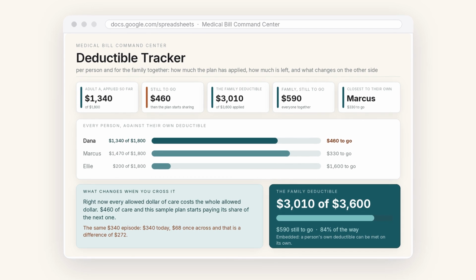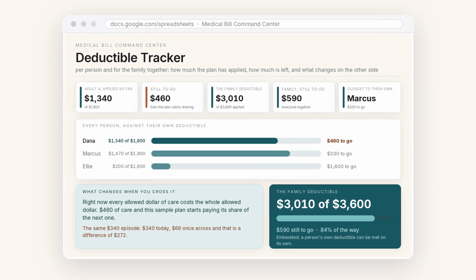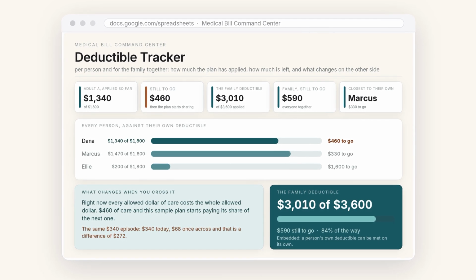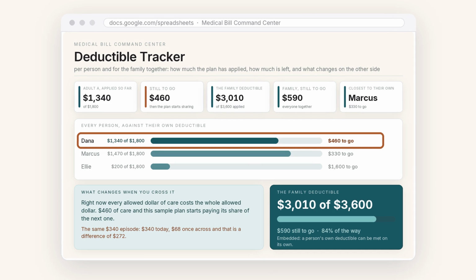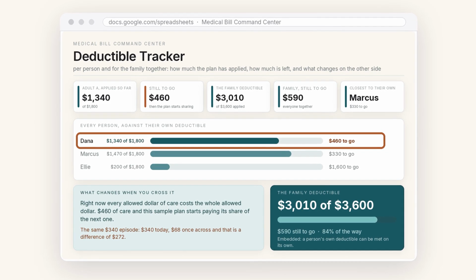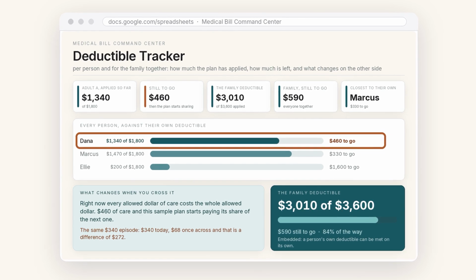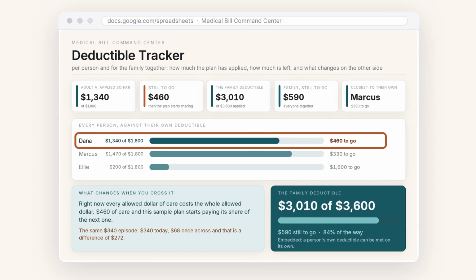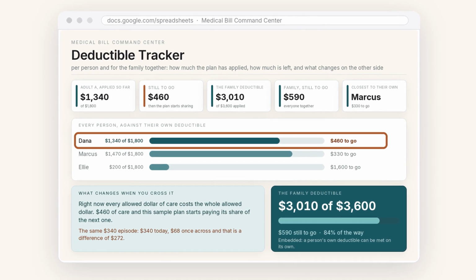Now the tab that changes what you do next. The deductible tracker sets every person against their own deductible and the family against the family one. One adult here has had $1,340 of $1,800 applied, so $460 to go. The family stands at $3,010 of $3,600.